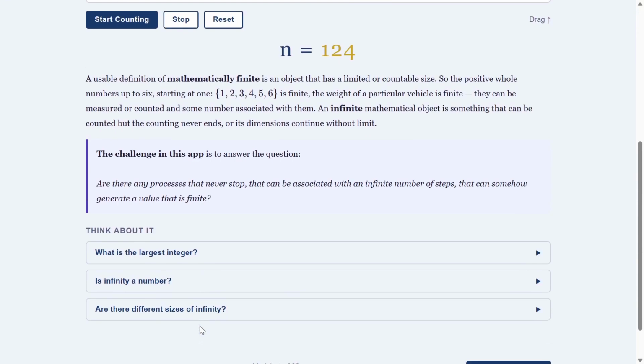So we introduce ideas of, and words and terminology about, items or objects being mathematically finite. And we're familiar with that we can count how many things there are by using the counting numbers. So simply the positive whole numbers up to 6 starting at 1, we can write using the curly bracket set notation as {1, 2, 3, 4, 5, 6}.